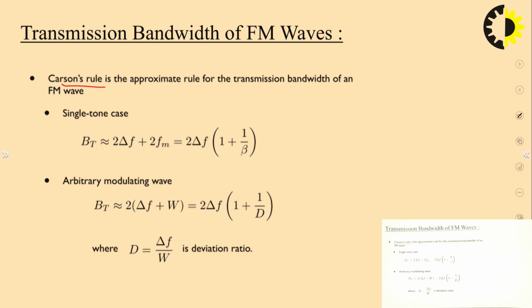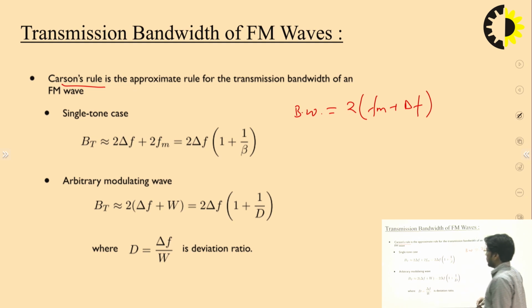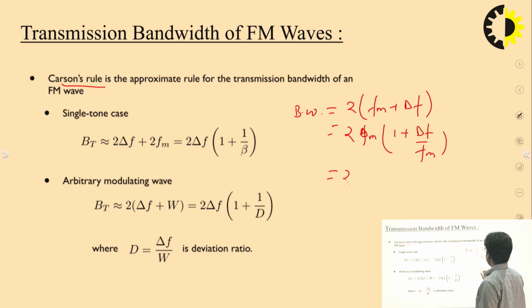Bandwidth is equal to 2 times (f_m plus delta f), or in other terms, if you take f_m outside the equation, twice f_m times (1 plus delta f by f_m), so 2 f_m (1 plus beta).